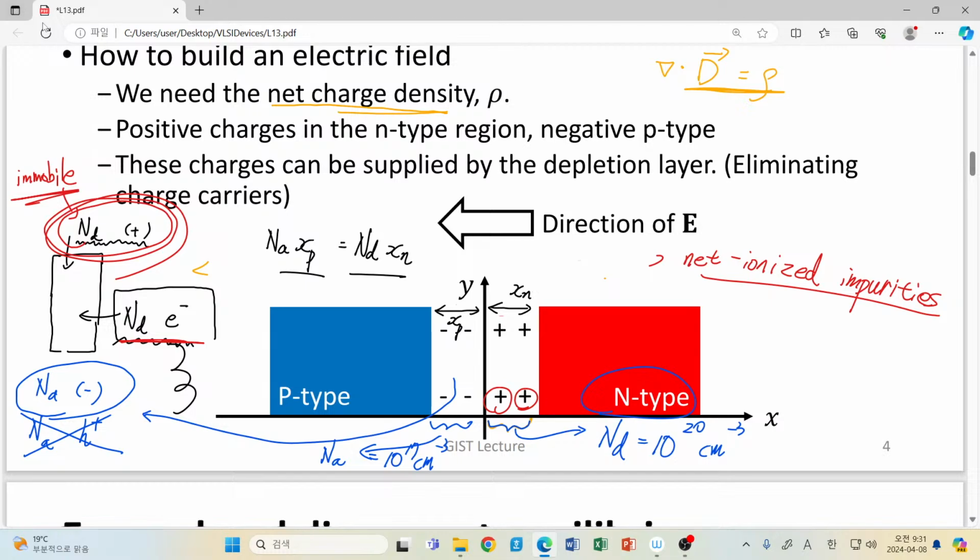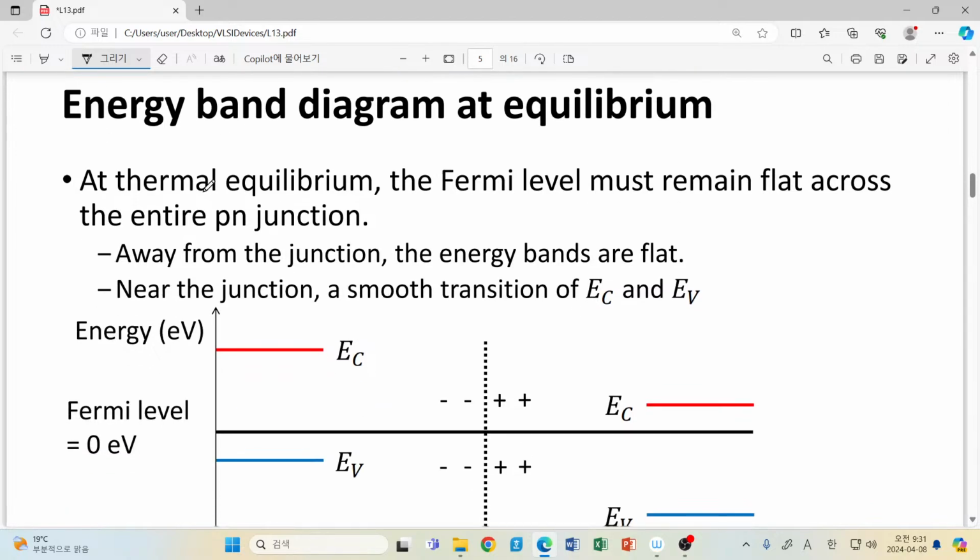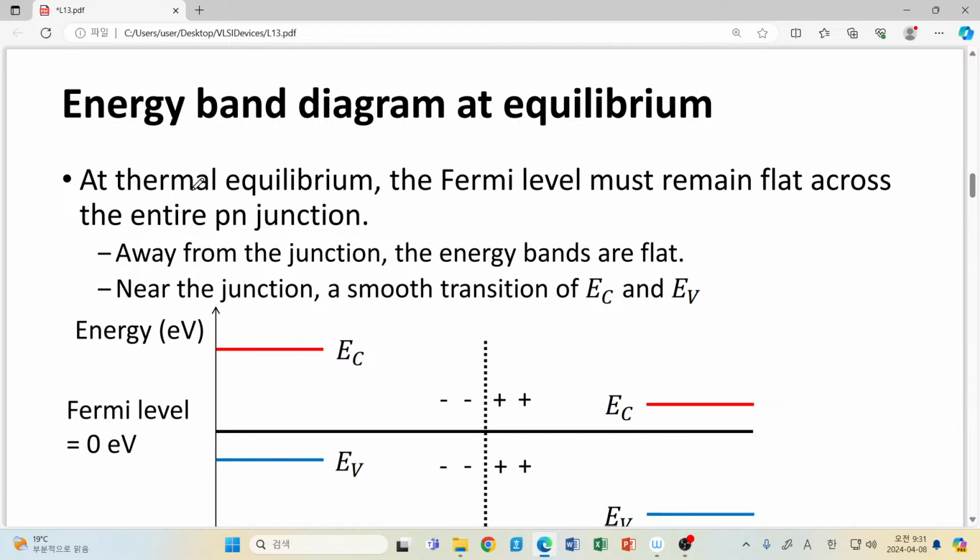Okay, so then let's go to another one. Now we should be able to draw the energy band diagram. The energy band diagram is such an important concept. We must be able to draw it every time. So let me consider the basic rule to draw the energy band diagram. First of all, let's assume equilibrium. Yes, we are now considering the equilibrium.